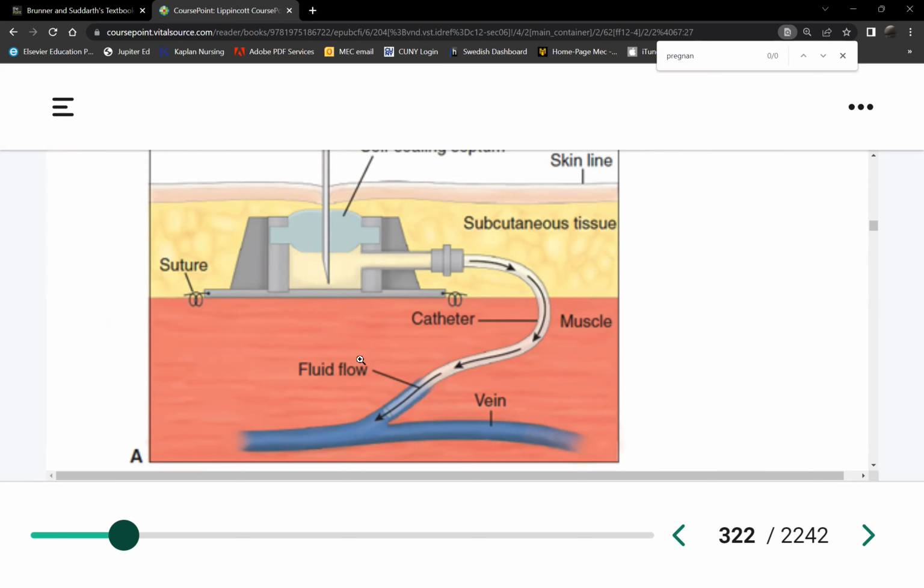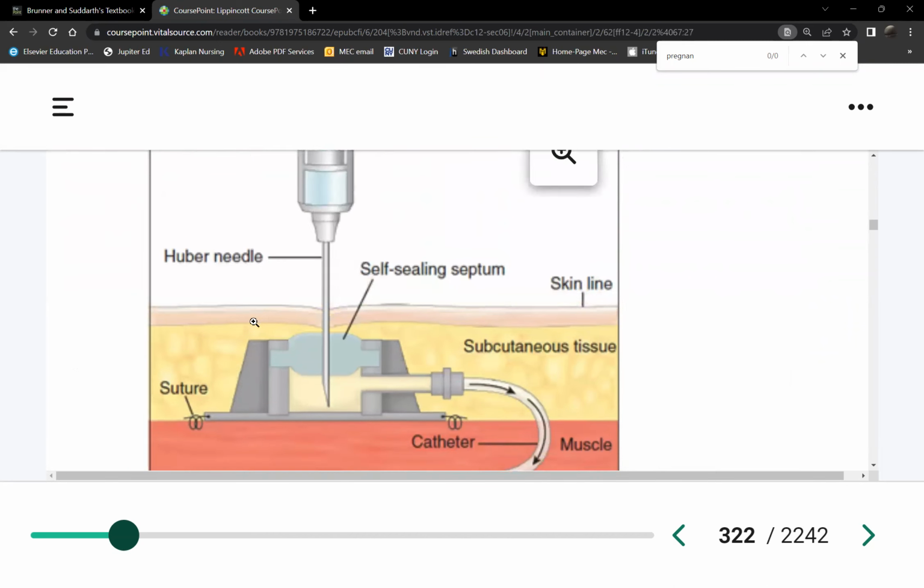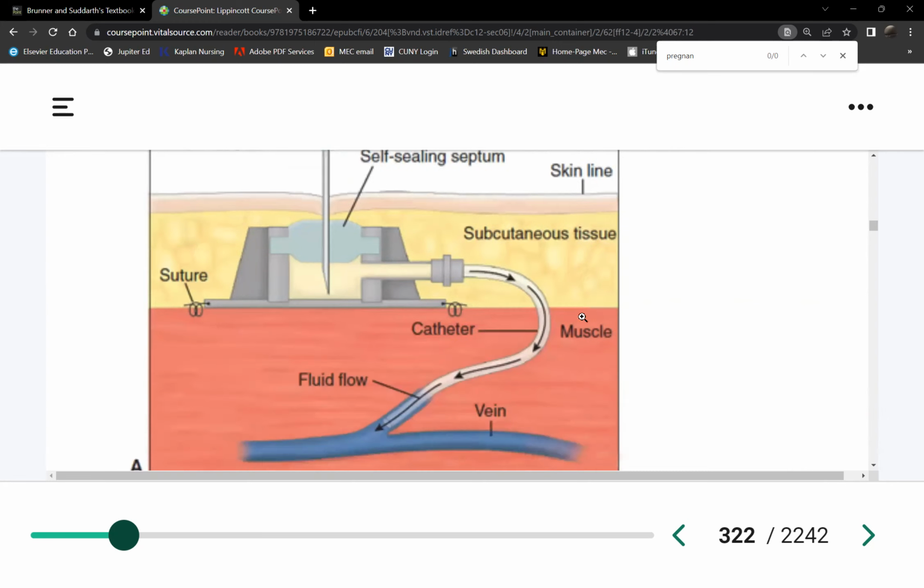So if this is the skin, and you put gauze here and then the Tegaderm, you change it every 48 hours, because the gauze absorbs sweat and any moisture, so it becomes a medium for bacterial growth. However, if there's only Tegaderm, no gauze, 5 to 7 days.